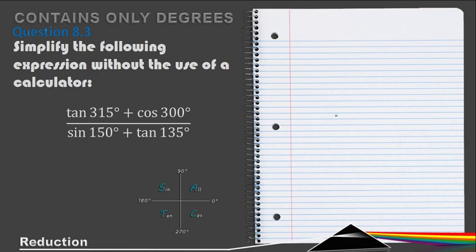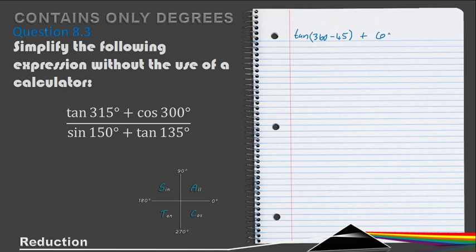Question 8.3. Simplify the following without the use of a calculator. So tan 315. If I have 360, I can say 360 minus 45 gives me 315. So this is then tan 360 minus 45 plus cos 300. Now this one is 360 minus 60.